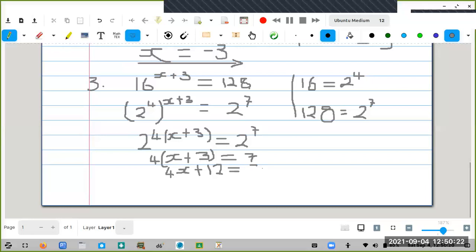Then from there, I transpose what? I then transpose 12. When I transpose 12, I'm going to remain with 4x on the left-hand side.